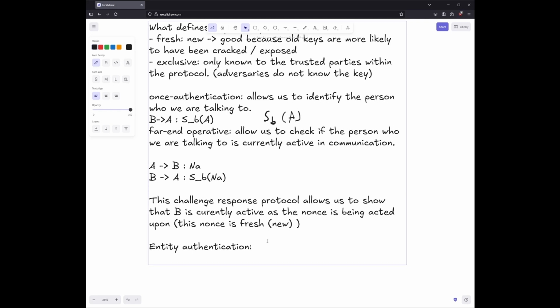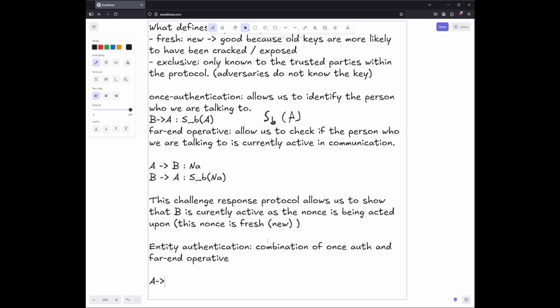Entity authentication is basically just a combination of once off and far end operative.